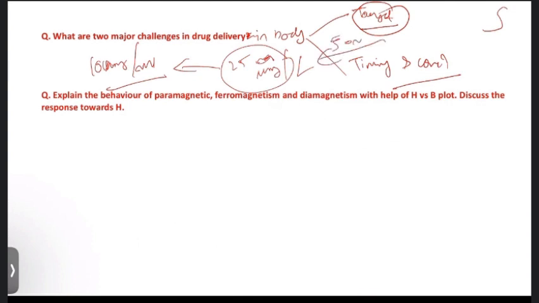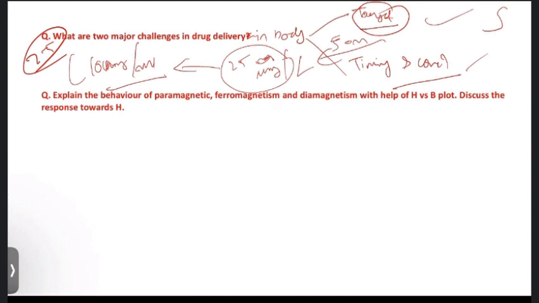If you inject 50, then it might reach 25, but increasing the concentration will affect other body parts also. That is the challenge: target and concentration. Okay. Understood the two major challenges in drug delivery?